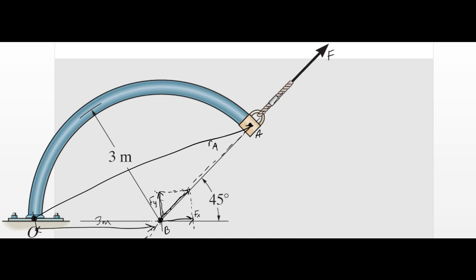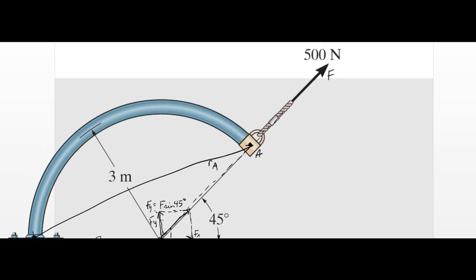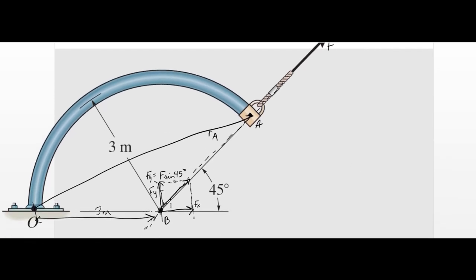To get that y component, we want this side, this distance. Fy is equal to F sine of 45 degrees. Now I believe there was a force given here of 500 newtons.